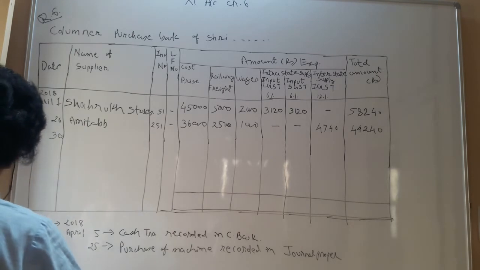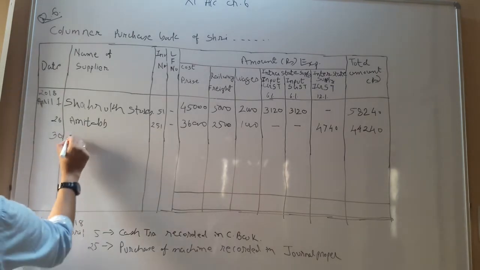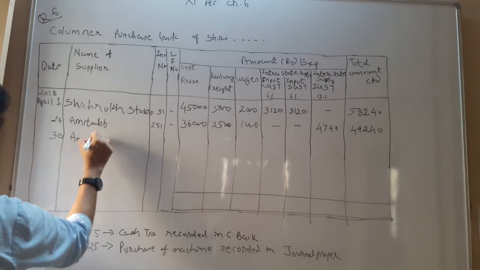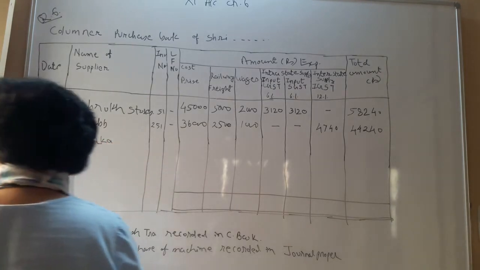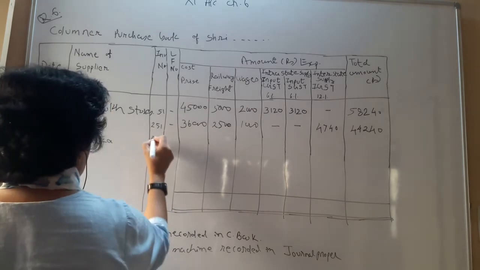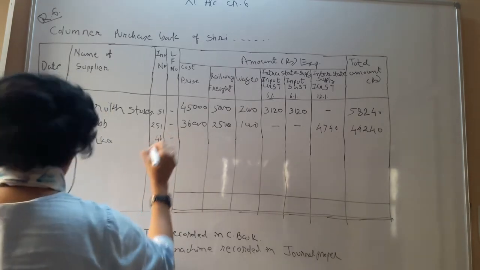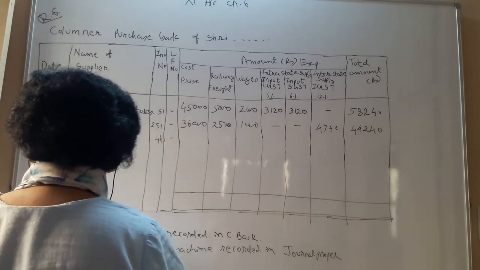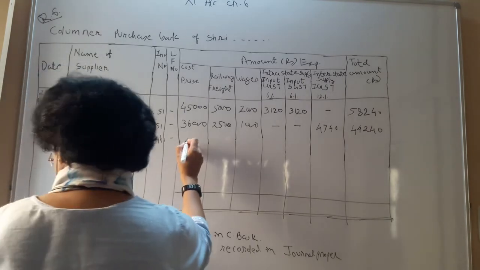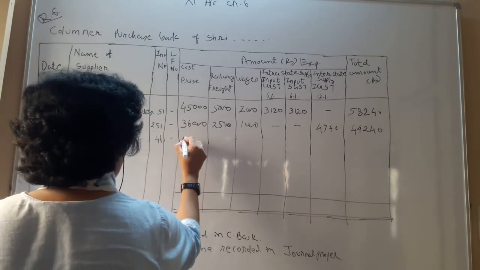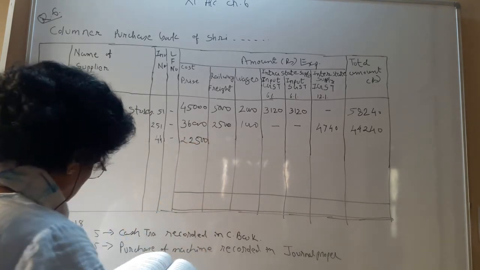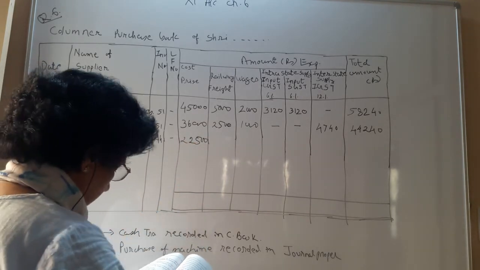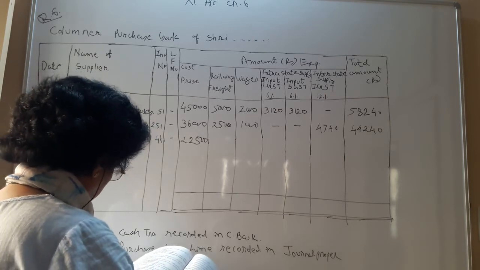The name of the party is Anushka. The invoice number mentioned is 44. The transaction amount is 25,000 minus 10% discount of 2,500, so 22,500.